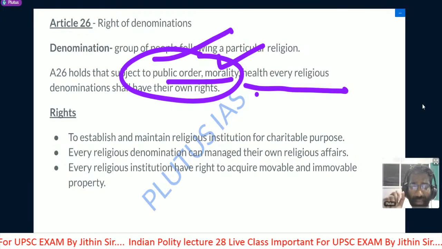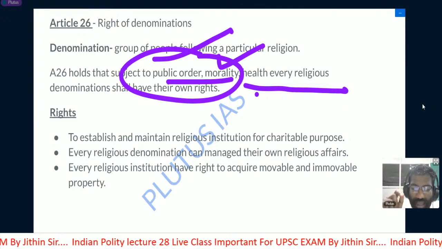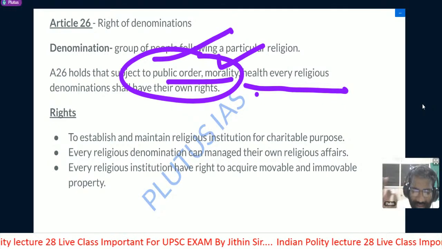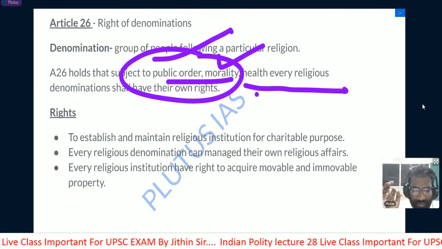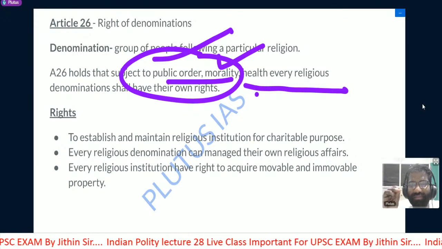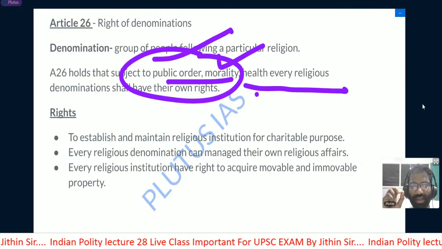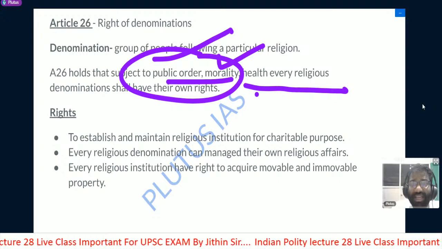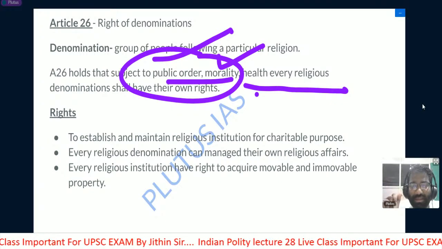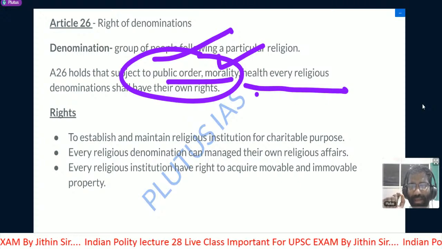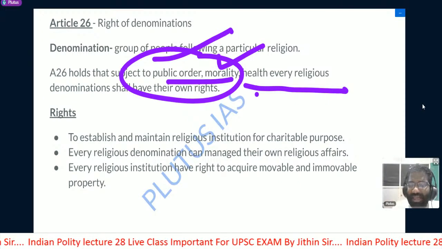Every religious denomination can have their rights to deal with their religious matters without any external interference.